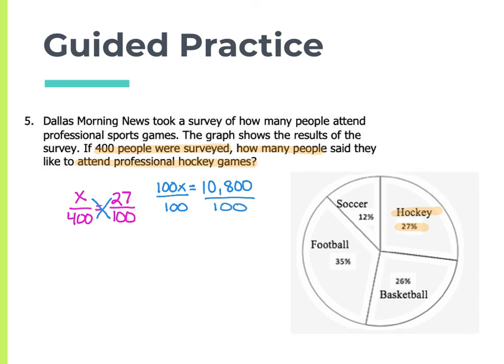I can eliminate 2 zeros from 10,800 and 2 zeros from 100. And 1 can go into 108 times. So x equals 108 people. Or 108 people like to attend professional hockey games.